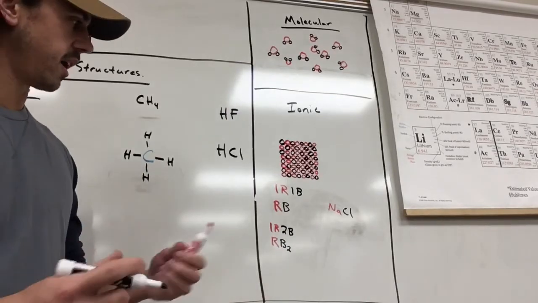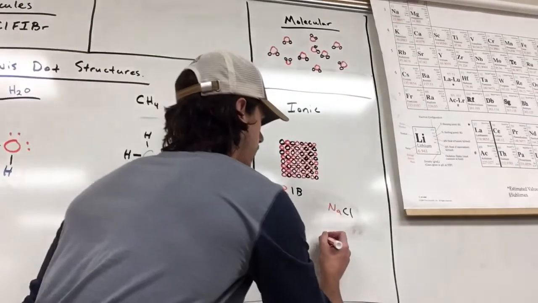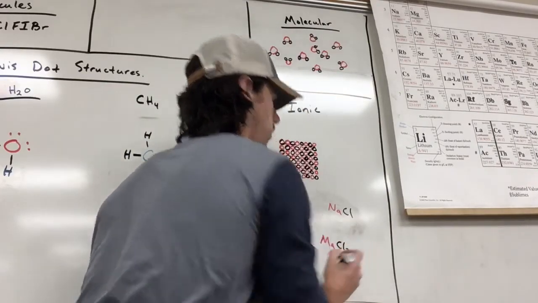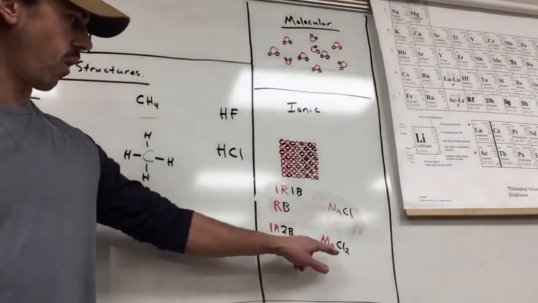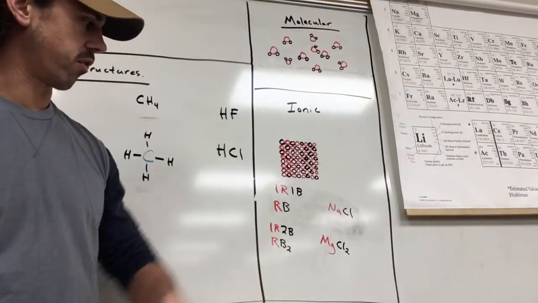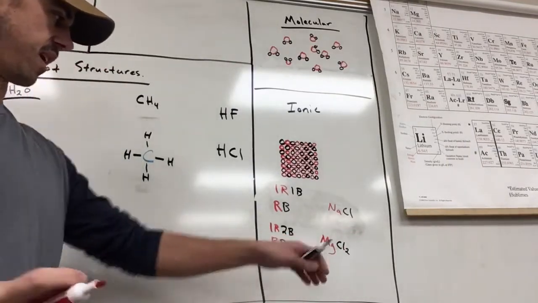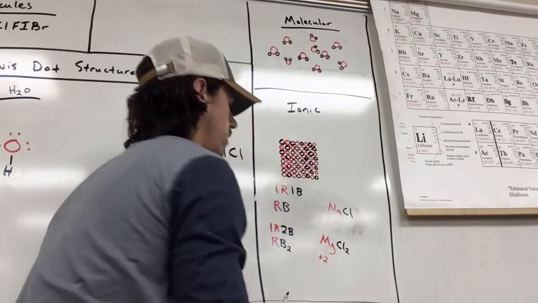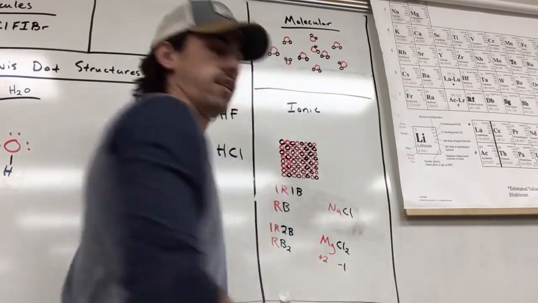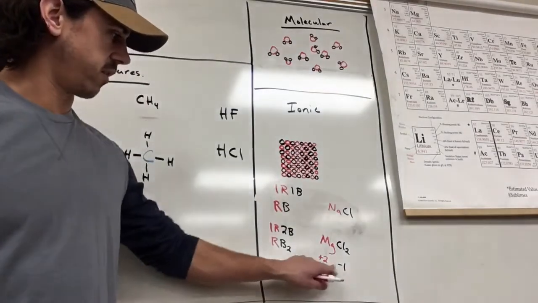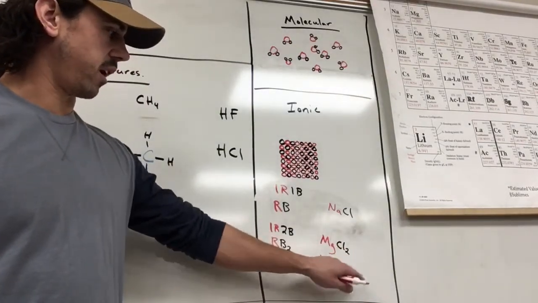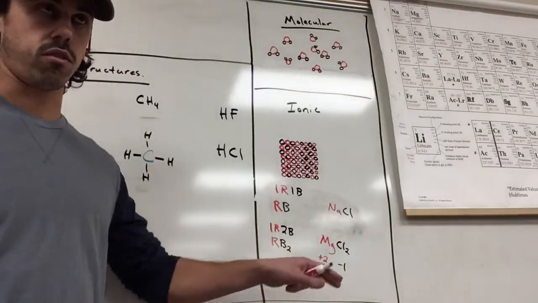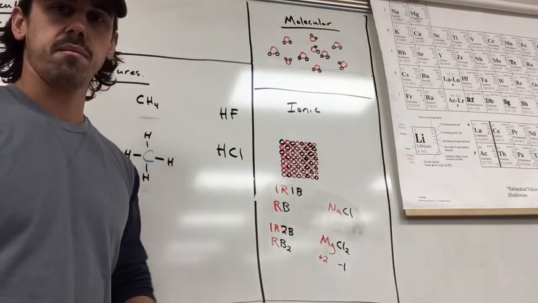So this would be like an ionic compound such as magnesium chloride, where for every 1 magnesium, I have 2 chlorine atoms, and that's because magnesium has a +2 charge and chlorine only has a -1. So in order to cancel these charges out, I need to have twice as many chloride ions as I do magnesium ions.